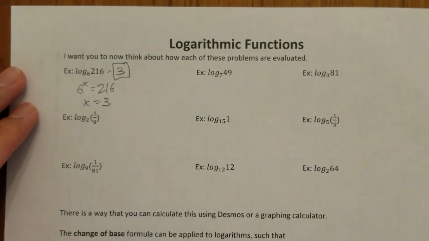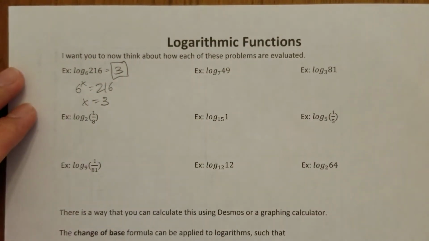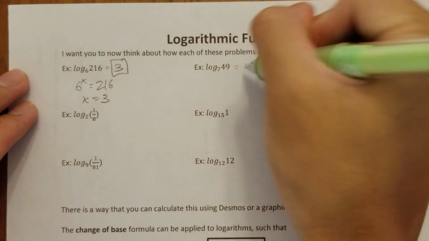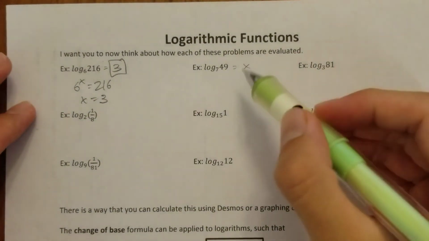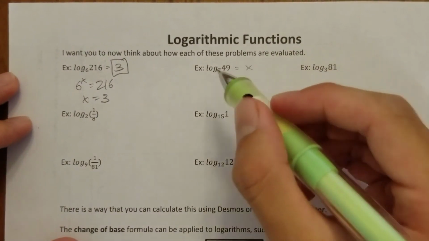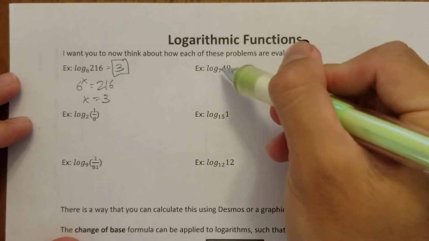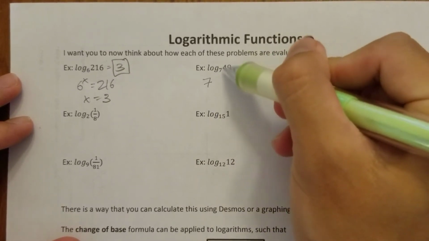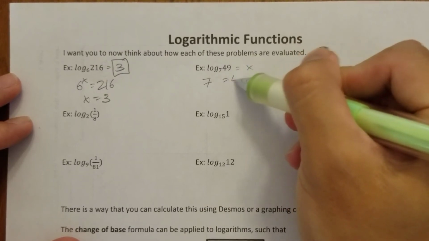Okay, this one. So log base 7 of 49. So same way. If you try to think of it the way that I presented earlier, yeah, Mr. Cam, that guy. So this is our base. This is our answer.